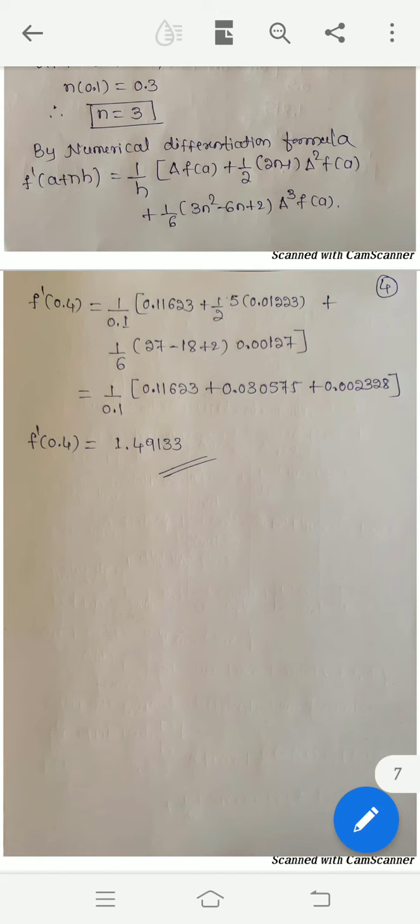Now if we calculate these values, we get f dash of 0.4 is equal to 1.49133. So that is the value.